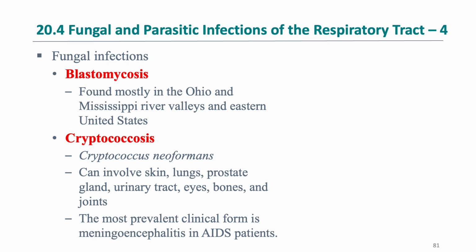Therefore, that could be considered. Cryptococcus, however, is seen in aged patients, although disease can also involve the skin, lungs, prostate gland, urinary tract, eyes, bones, and joints. Cryptococcus, therefore, was considered but rejected for Terrell.